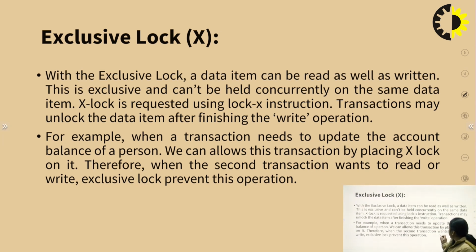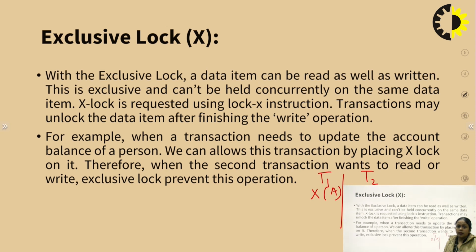Okay. For example, these are the two transactions T1 and T2. When a particular transaction locks a particular data item, for example A, what it means is this transaction T1 wants to update the data item A. Okay, so when we want to change or update the value of A, we need a lock in the exclusive mode.